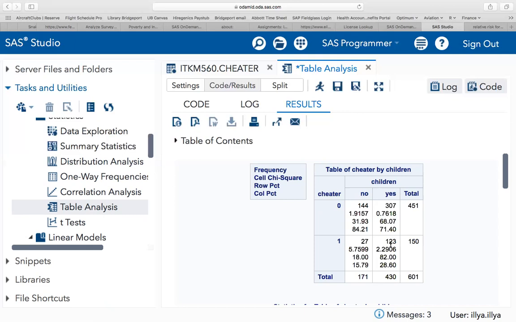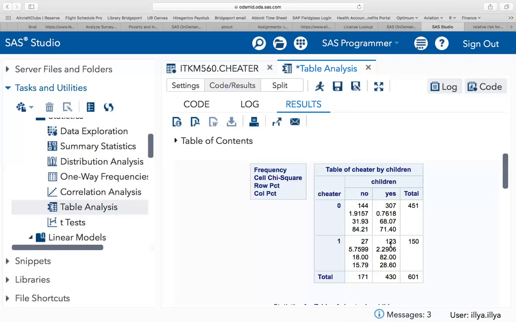Where are the odds? I'm sorry? I was just thinking, would it put it like this, that the odds of people who have children are 2.7 times? No. Sort of. You see, we talked about, and I know it can be confusing, the relative risk.